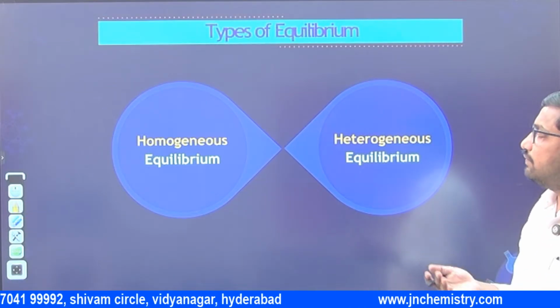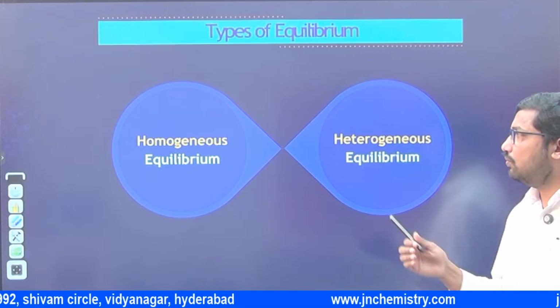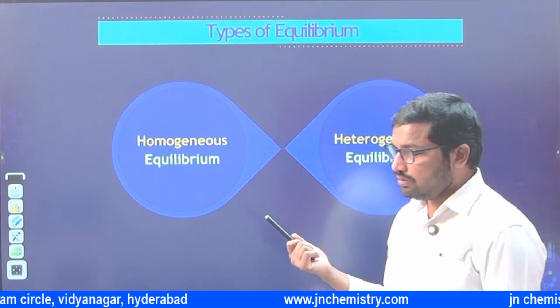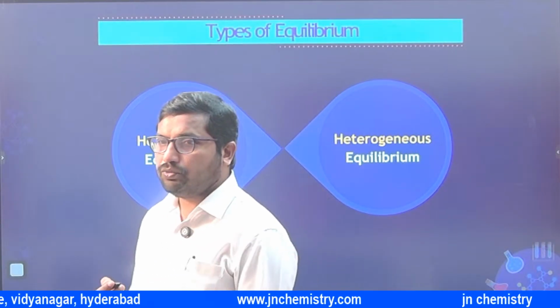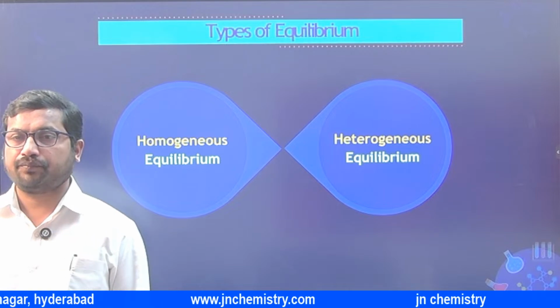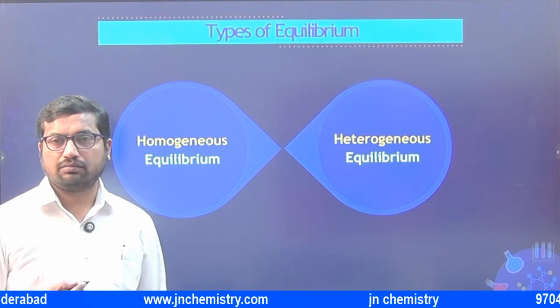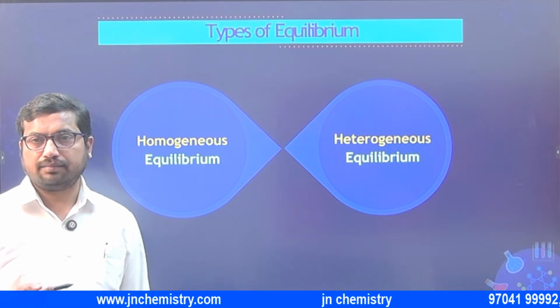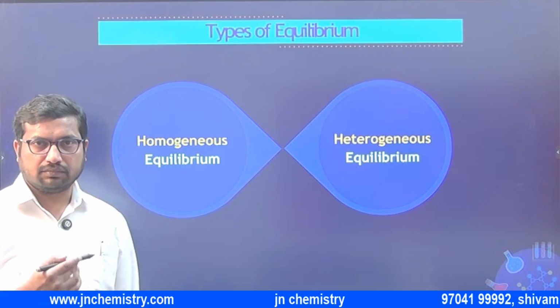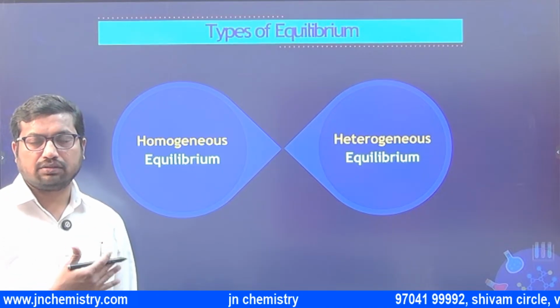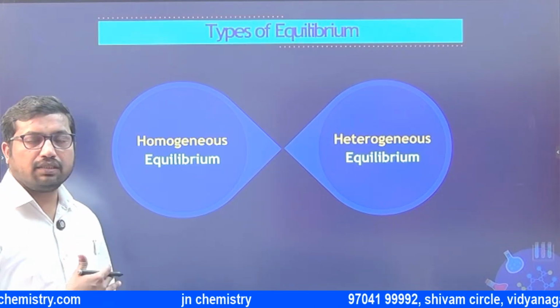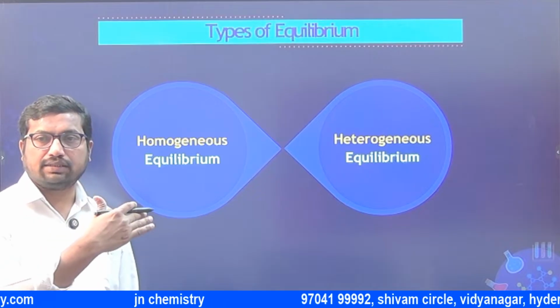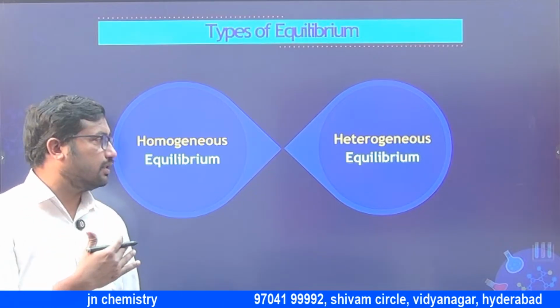So there are two types of equilibrium: homogeneous and heterogeneous. What is homogeneous and what is heterogeneous? Same state, same phase: all in gases, all in liquid.